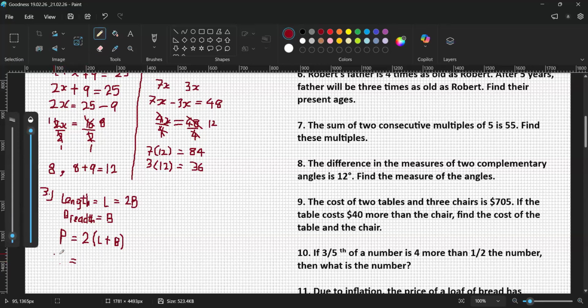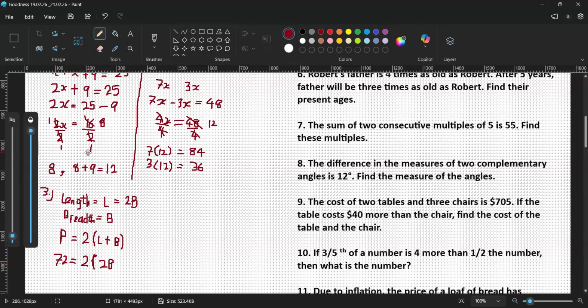Since we're substituting for other things, 72 is equal to 2 into anywhere you see L, you're going to put what? 2B. Now don't forget that B is there, so you go ahead and write it.